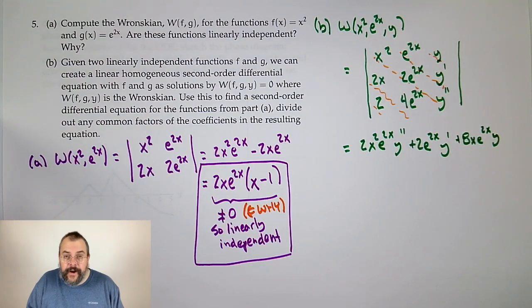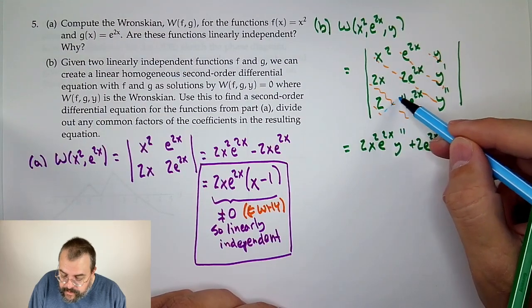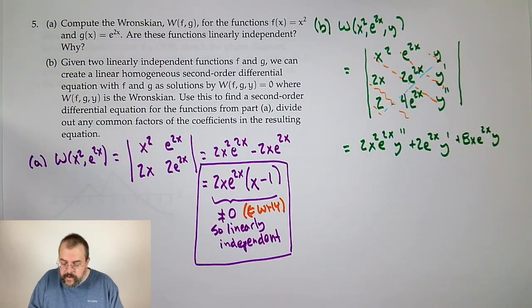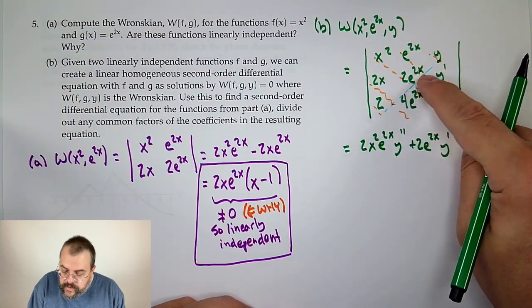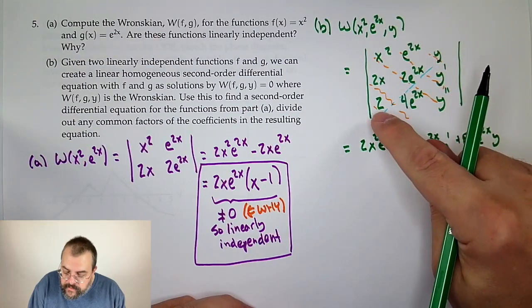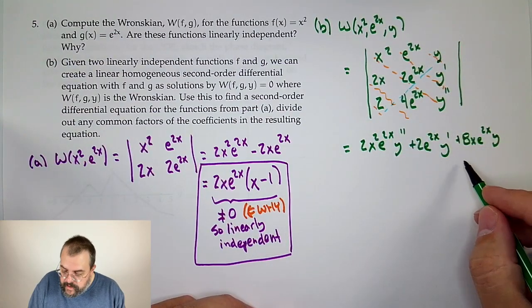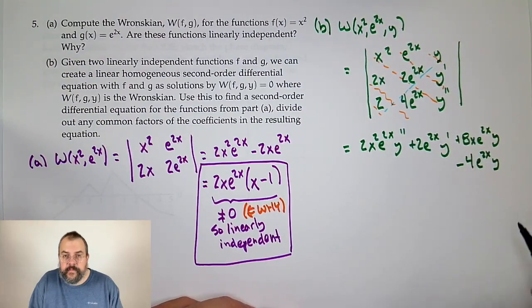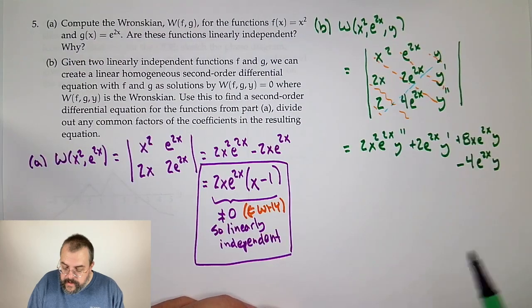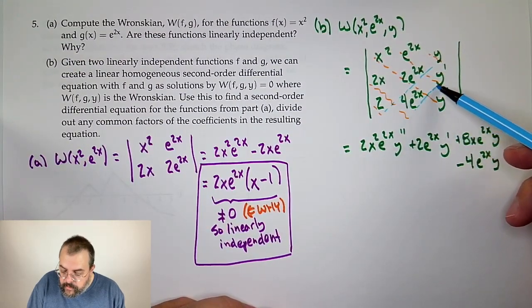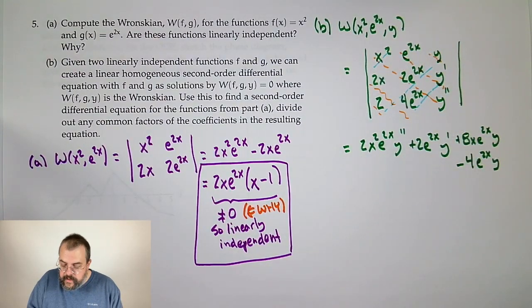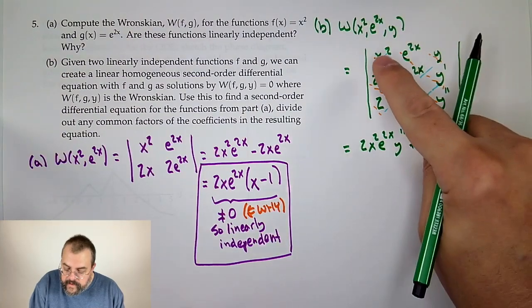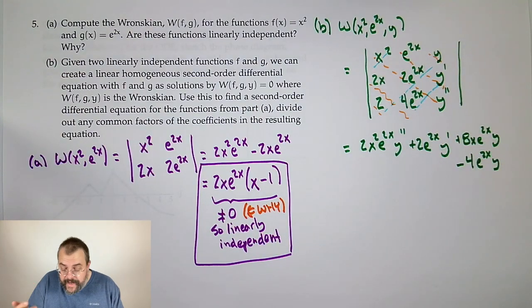Good. Now, those are half of it. We still have to do the other half. So, going the other way, what do we have? Well, 2e to the 2x times y, so that'll be 4e to the 2x, and we have to subtract. I'm going to put that right underneath the y term, just because they naturally go together. Then we have 4e to the 2x, y prime times x squared, so that'll be 4x squared e to the 2x, but subtract.